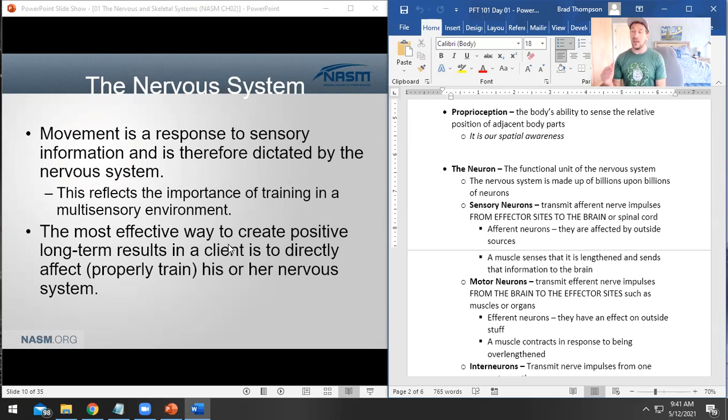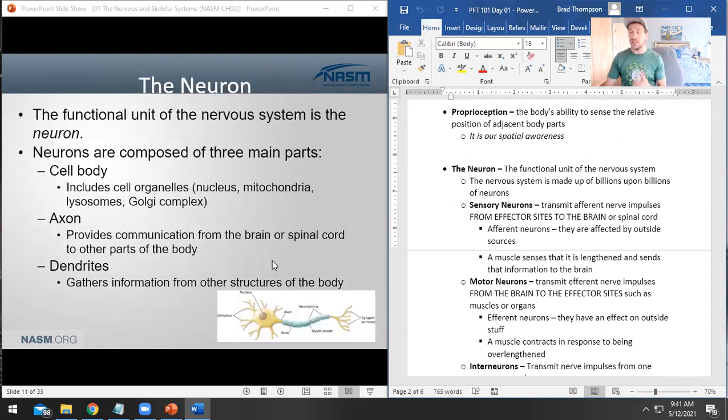We need to train in what we call multi-sensory environments, which is a big fancy way of saying wobbly environments. NASM is really big on training in unstable situations, because that is the best way to develop your nervous system, right?